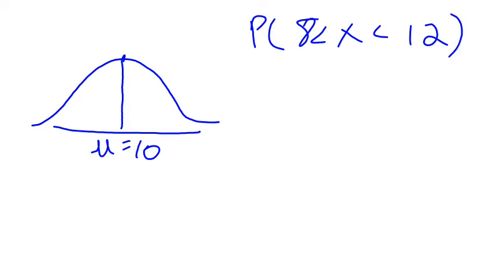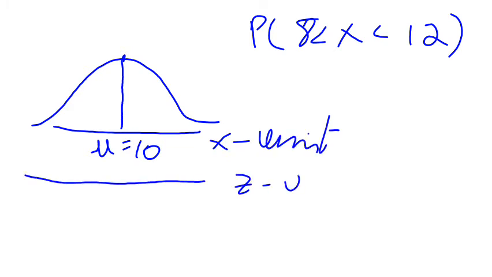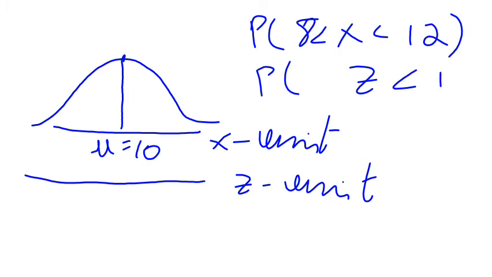So we substitute x here. This is our x unit, and here in the bottom we write our z unit. Corresponding to this, our z unit came out. We just calculated it in the previous slide, which is this one.